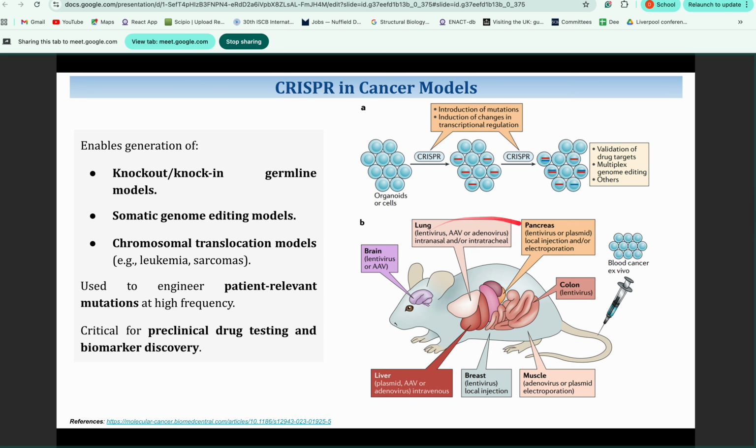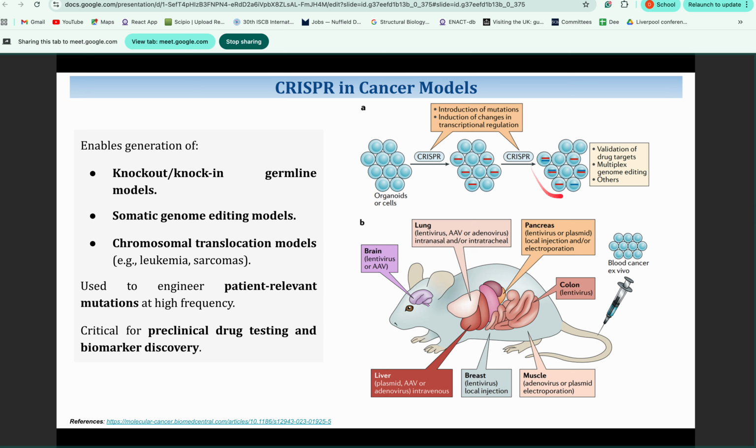If you are interested to read in detail, you can go through this paper, in which they have explained in detail how the delivery can be done. But for now, our main focus was how CRISPR can be used in cancer models. This is how, with the help of CRISPR, we can bring about genetic modifications in the organoids or the cells, and then these modifications can later help us to study different disease states, or different treatments can be designed with respect to them.